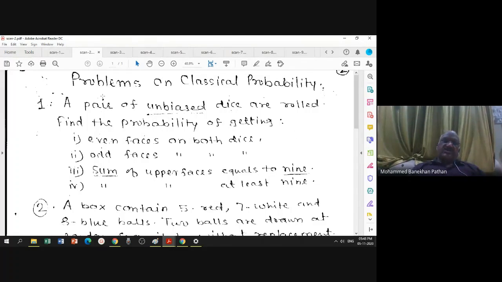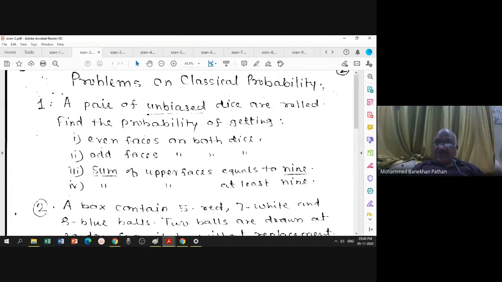Let us try to understand example 1. A pair of unbiased dice are rolled. Find the probability of getting: number 1, even faces on both dice; number 2, number 3, and number 4.